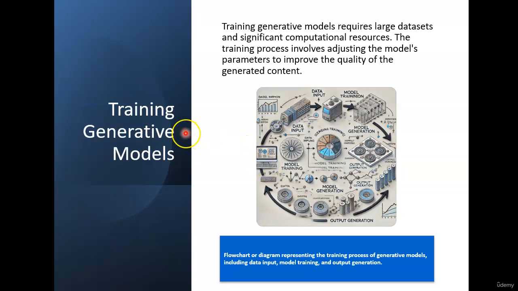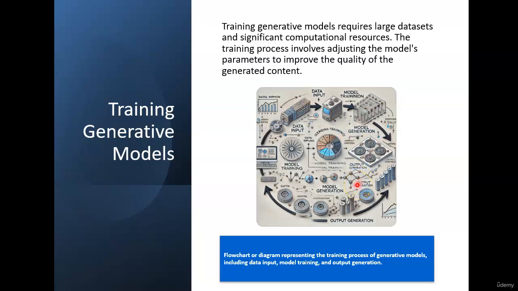The next topic: training generative AI models. Training generative models like GANs and VAEs requires large datasets, as you see, and significant computational resources. The training process involves adjusting the model's parameters to minimize errors and improve the quality of generated content.